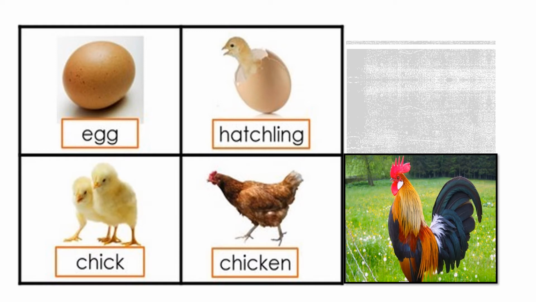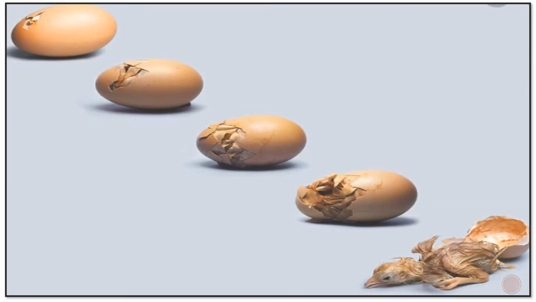Once the hen lays all of her eggs, she will sit on them or brood, as we've learned this week. And the chick or the embryo will then begin to develop for 21 days. That's the magic number, 21 days. During this time, the embryo uses the yolk and the egg for nutrients.